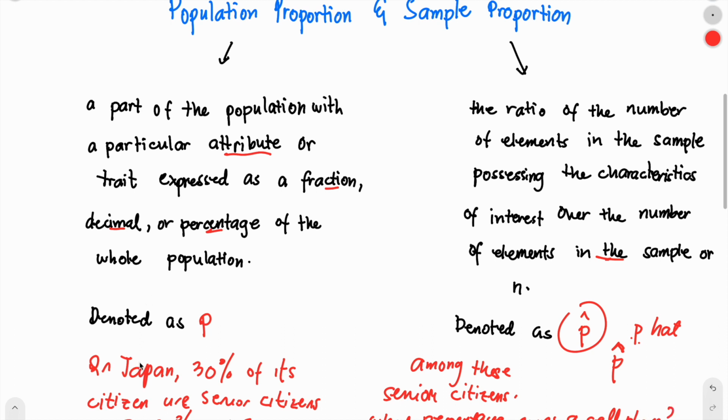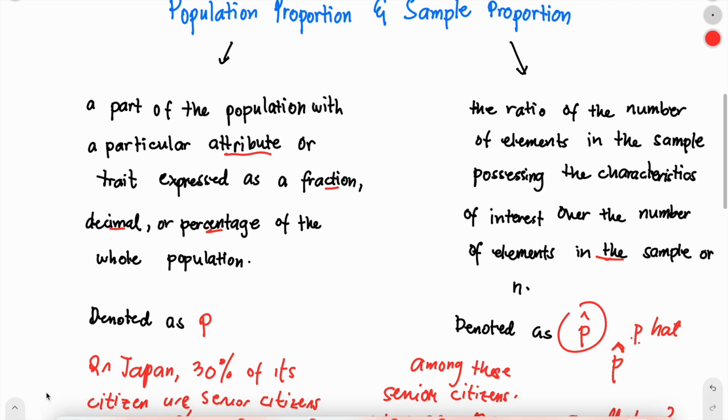So, from the population proportion, it's asking about the sample proportion. So, among the 30%, which is 30% senior citizens, unsa ang percentage nga sa mga senior citizens nga naay cellphone?